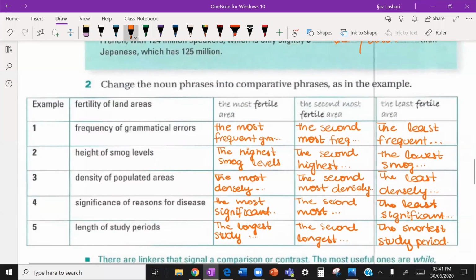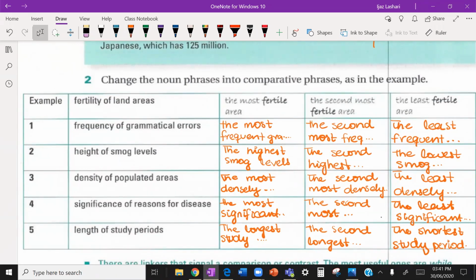Okay, so the last one was the longest study period, the second longest, and the shortest. This is a kind of comparison. It might be challenging for some of the students, but if you continue working and have some practice, you will find that you can make good comparisons using comparatives and superlatives, or using simple adjectives.